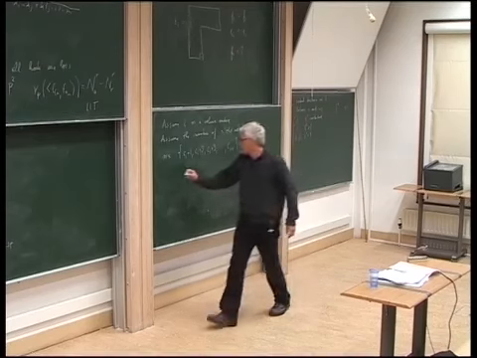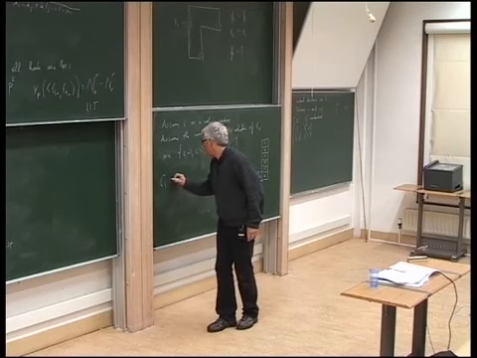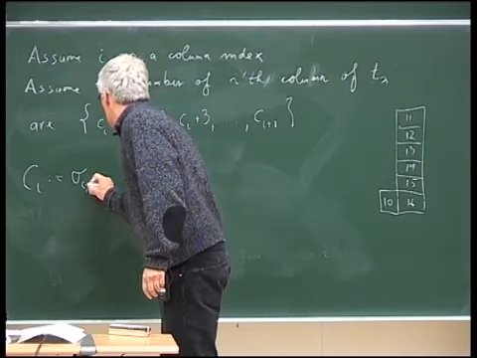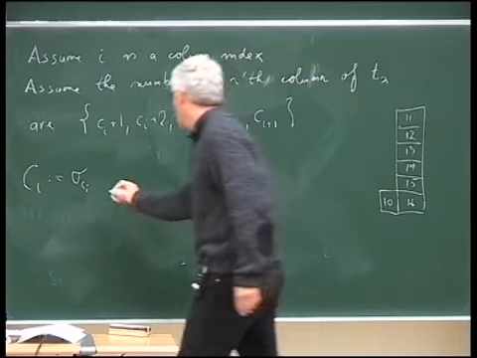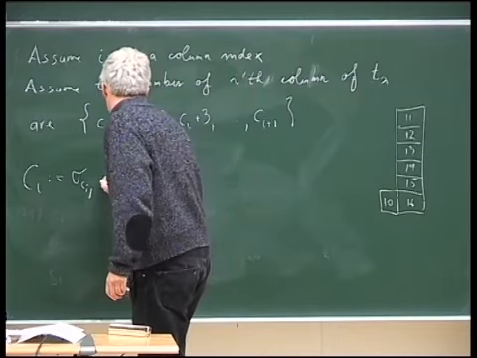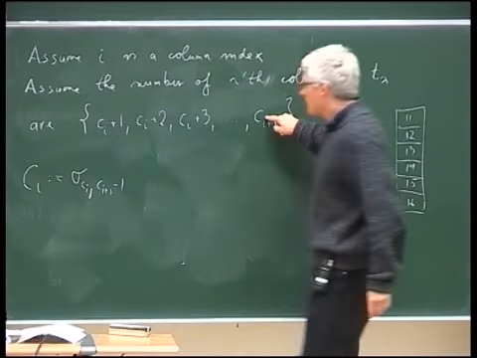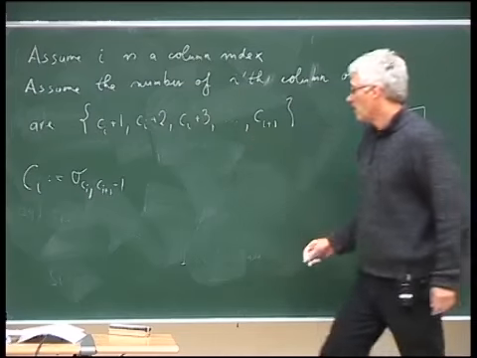And then I define C_i to be sigma c_i, c_{i+1} minus 1. So I don't do anything about this one, I take the one before.